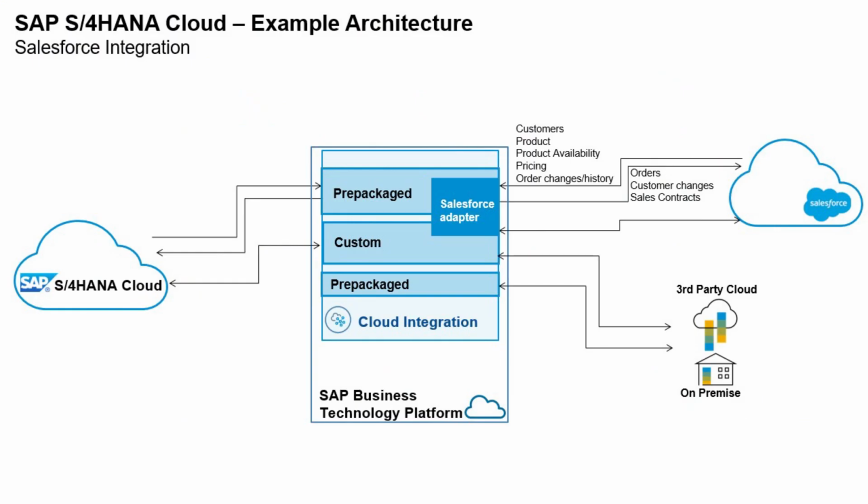Now let's look at a high-level view of a sample architecture leveraging both delivered and custom integrations. SAP BTP Integration Suite serves as the integration hub for connecting SAP S4HANA Cloud with both SAP and non-SAP systems, whether they're in the cloud or on-premise. In addition, delivered packages integrate Salesforce and other systems out of the box, but custom integrations handle the customer unique requirements.